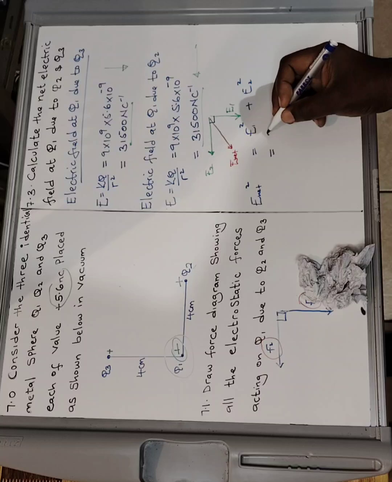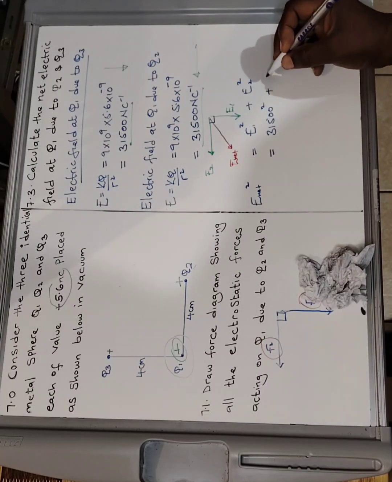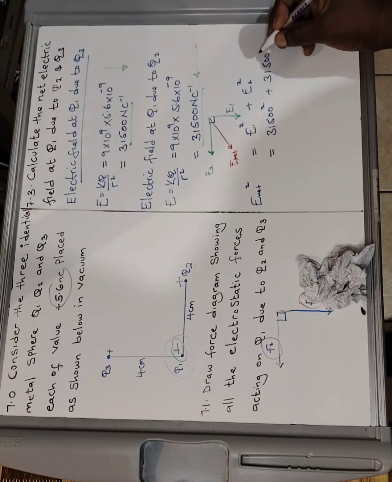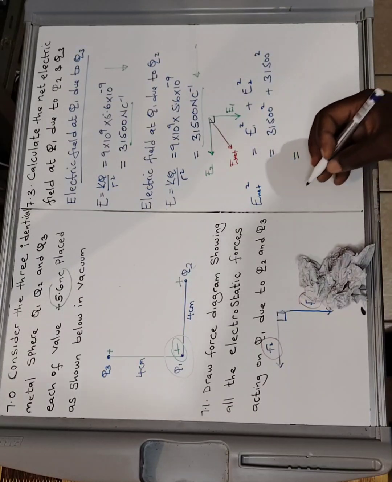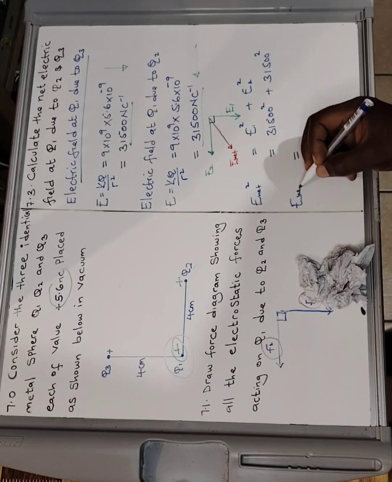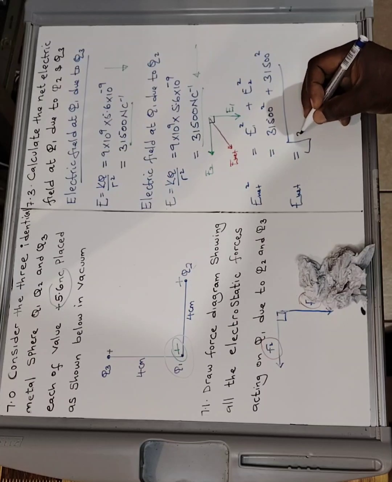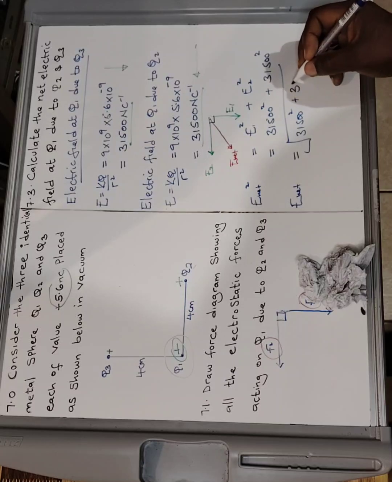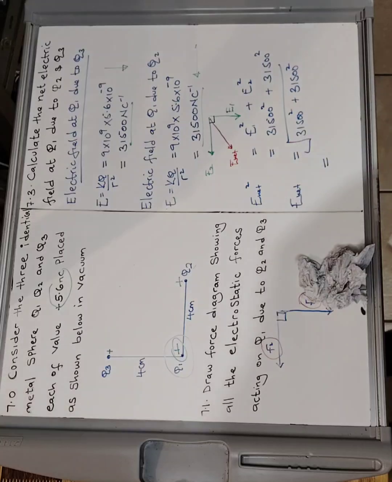So what is E1? It is going to be the same as for E2. The square root of that will be the answer. So we're going to have 31,500 squared plus the same, and what we get is going to be our E net.